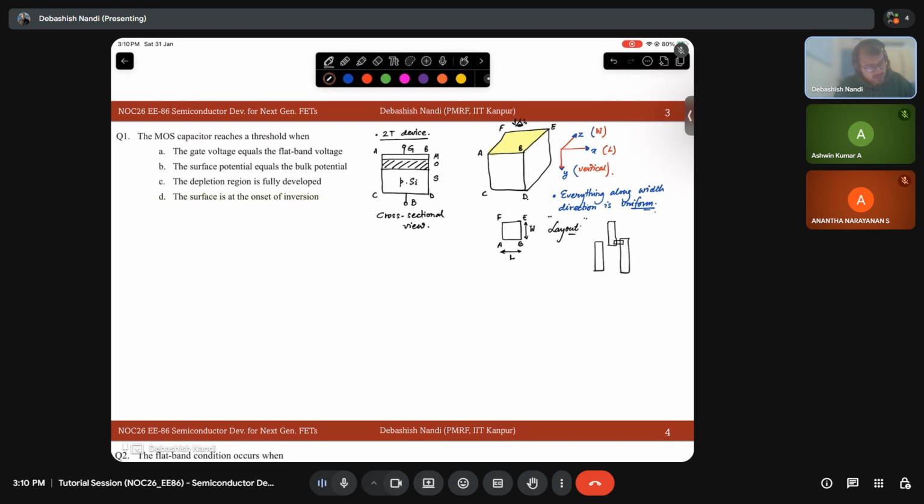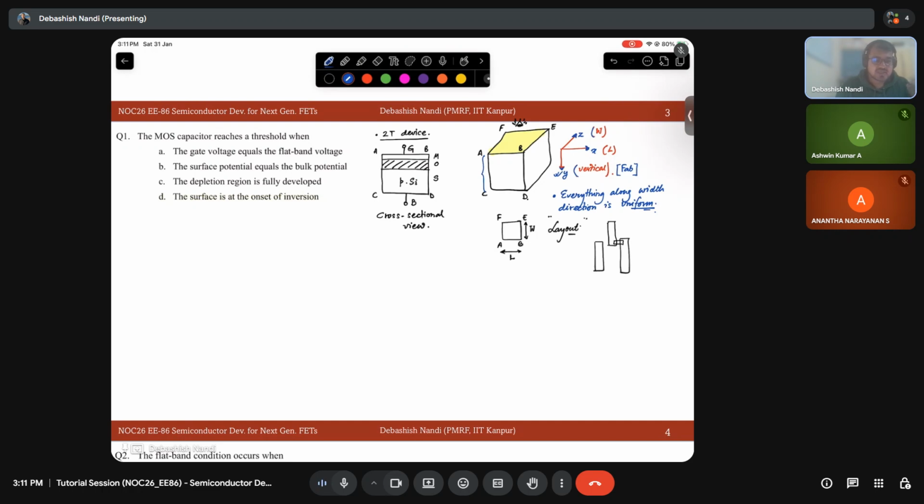Because whatever happens in this direction, the y direction, is taken care of by the fabrication unit, the fab. The circuit designer, for example, wants a certain amount of current through a MOSFET, so you need to fix the length and width.